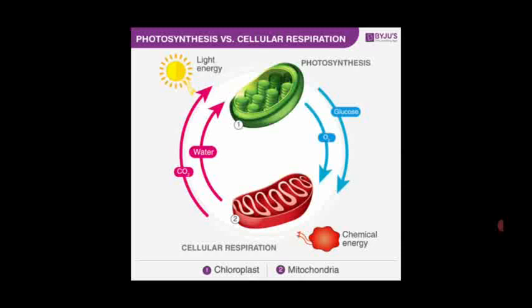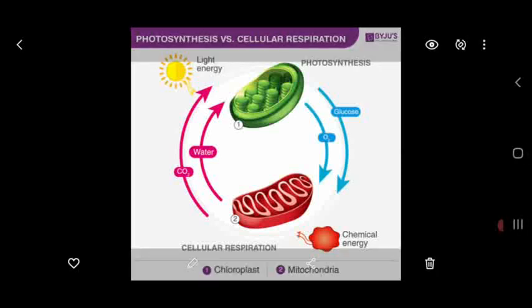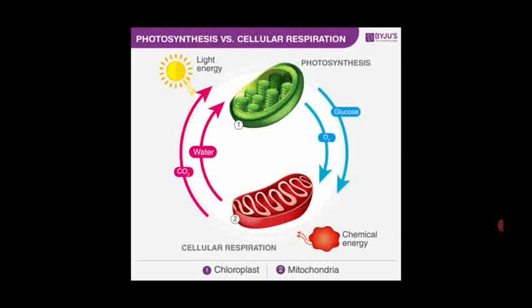Next, in the chloroplast, using sunlight, chlorophyll pigment, carbon dioxide and water, plants carry out photosynthesis. At the same time, the diagram shows that both processes depend on each other. That is photosynthesis and cellular respiration, or respiration.